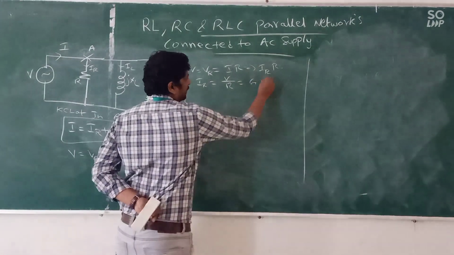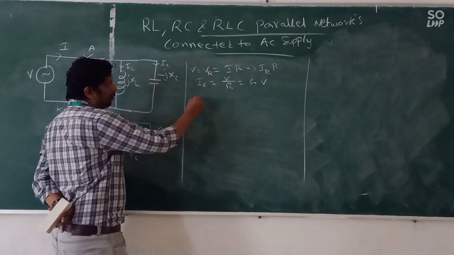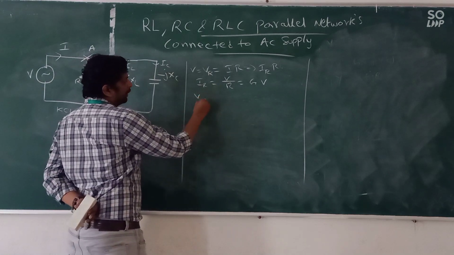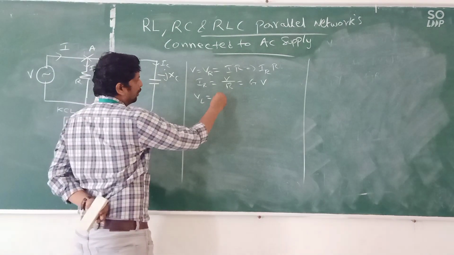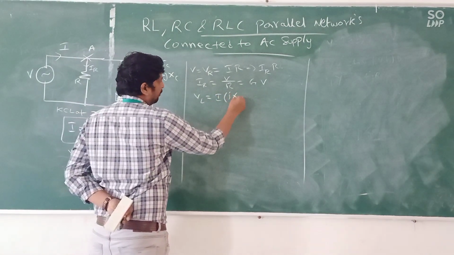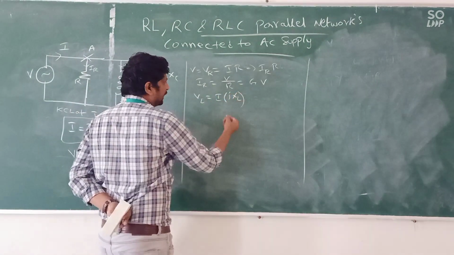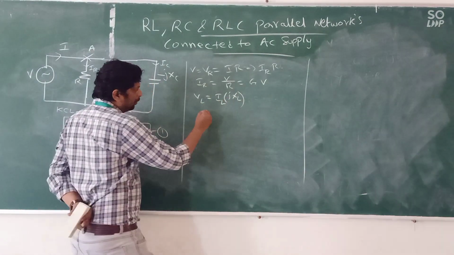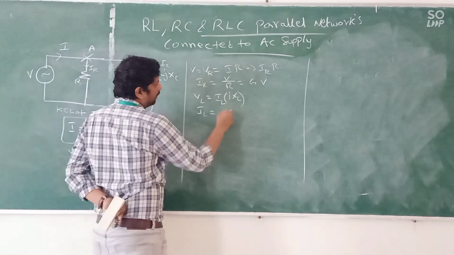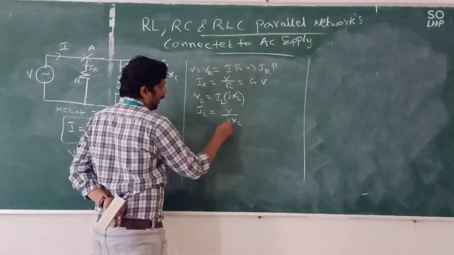So it is G. Similarly, from Ohm's law, the voltage in the inductor, VL, is equal to I into JXL. So the current flowing in the inductor is IL, and IL is equal to V by JXL.